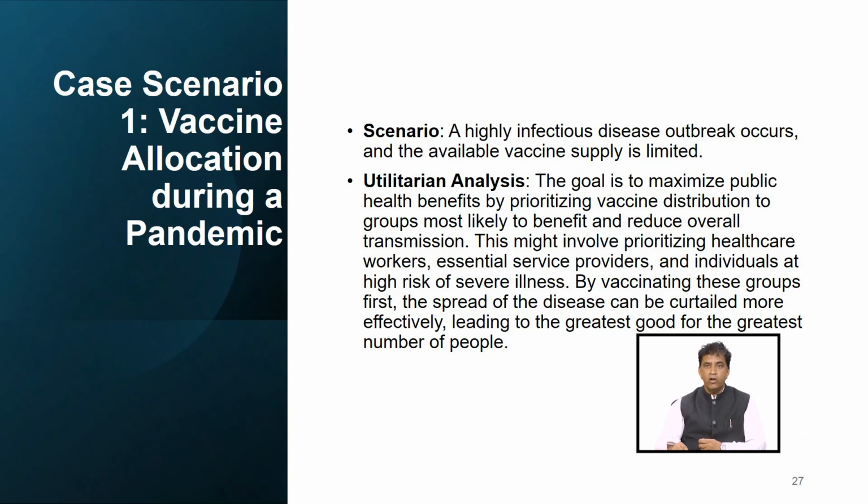This might involve prioritizing healthcare workers, essential service providers and individuals at a high risk of severe illness. By vaccinating these groups first, the spread of the disease can be curtailed more effectively, leading to the greatest good for the greatest number of people.